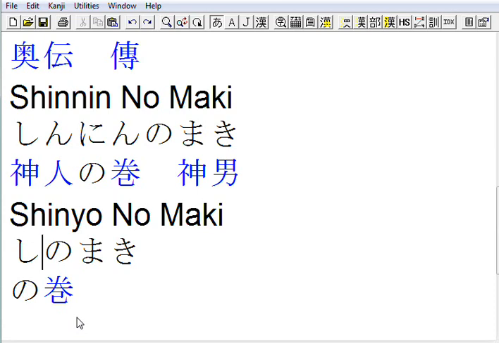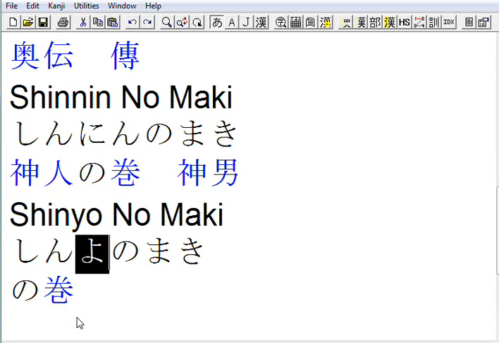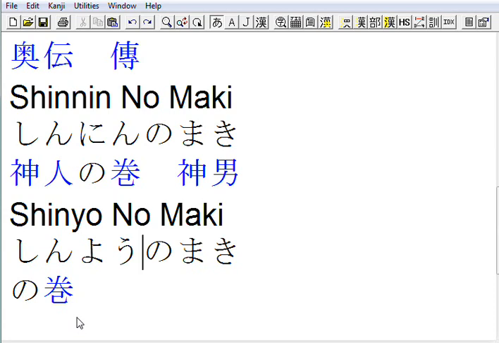Shin, and then yo, and in this case, okay, I have to do this a little bit differently. Shin, that's what I meant, shin, yo, oops, making all kinds of mistakes today, sorry about that, yo, and in this case, the correct term is with an elongated o. So Shin-yo no Maki.